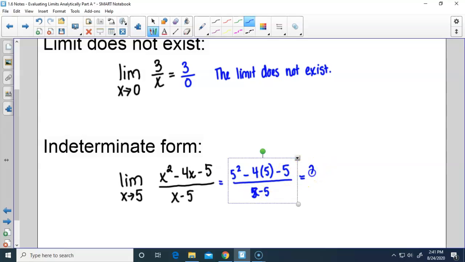And so here we'll get 25 minus 20 minus 5 over 0. And this is going to equal 0 over 0.